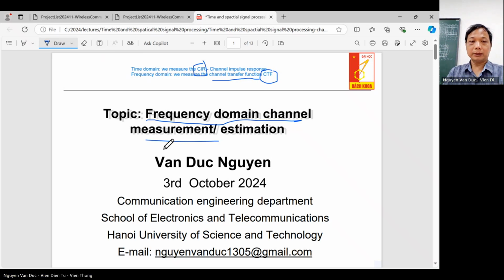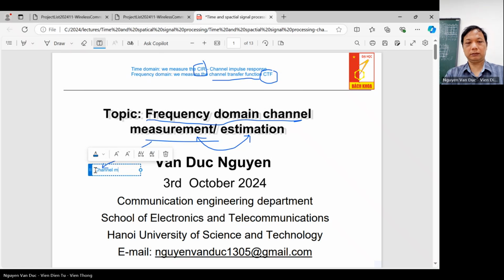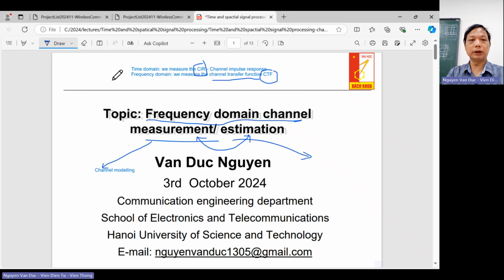Okay. So the concept of measurement is quite equivalent to channel estimation. The channel measurement actually serves the purpose of channel modeling. And the channel estimation serves the purpose of channel equalization.